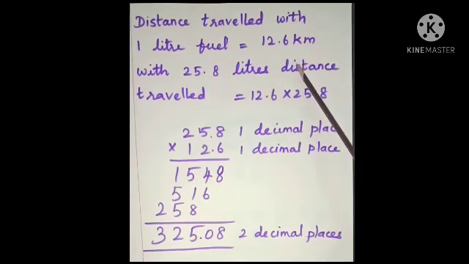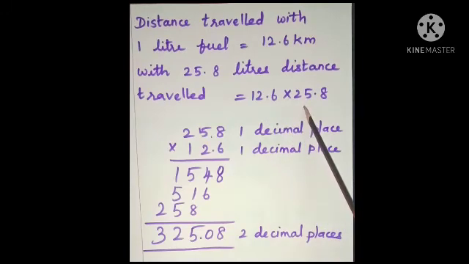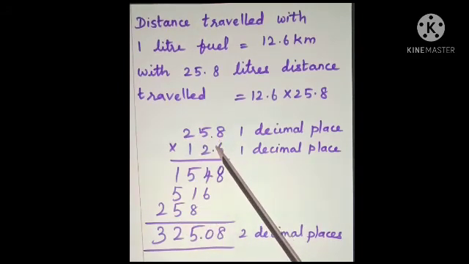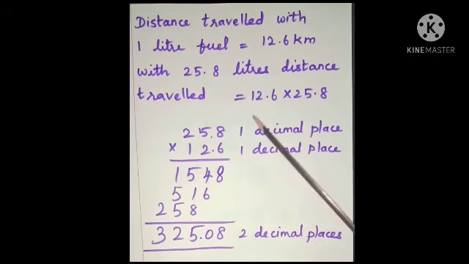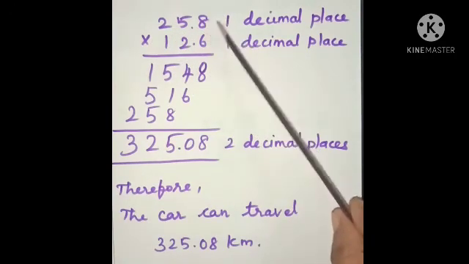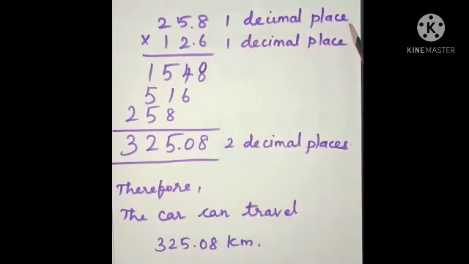So children, when we multiply two decimal numbers, first you have to multiply the decimal numbers leaving the decimal point. And finally, you have to put the decimal point by using these decimal places. Children, in the first decimal number, only one decimal place is there.